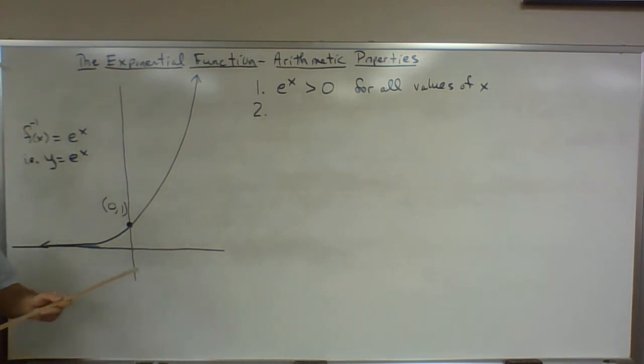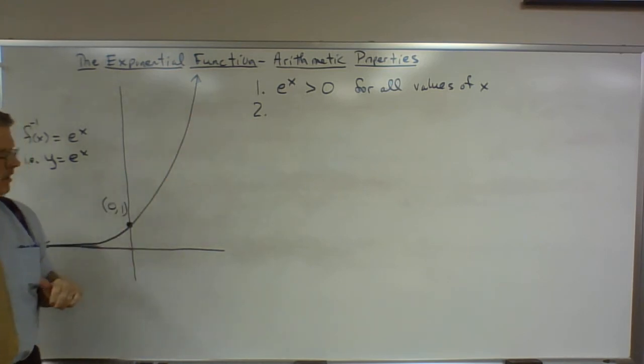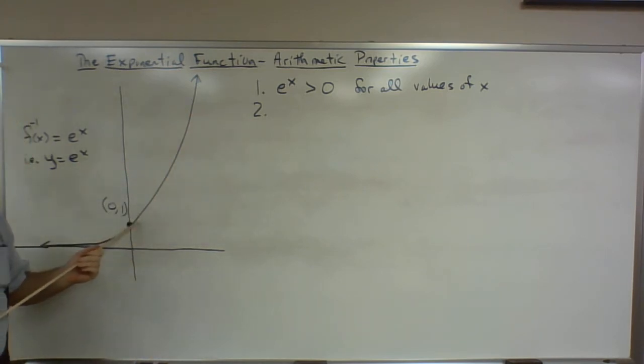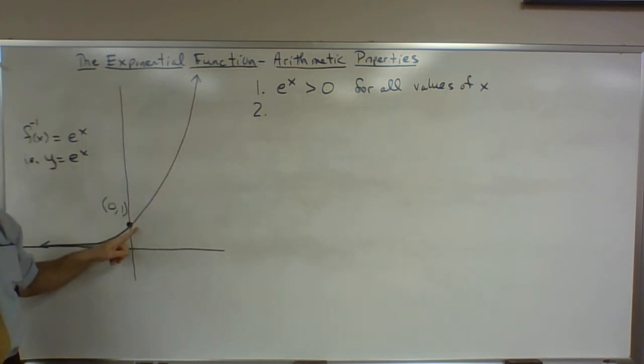Next thing we might want to know is that right here when x is 0, the y value is 1. And from this point, the graph goes upward. So the entire part of the graph of e to the x that lies to the right of the y-axis also lies above y equals 1.